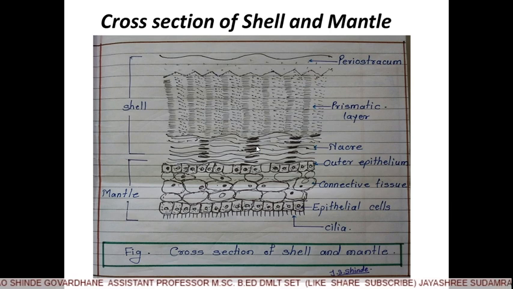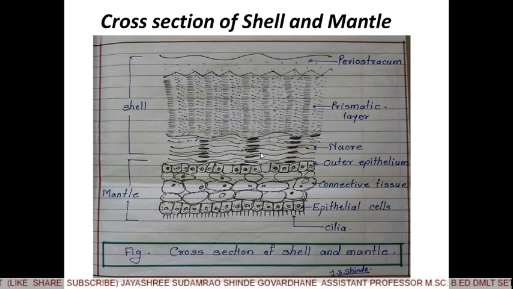These plates are arranged parallel to the margin of the aperture. Each plate is present over a thin organic matrix, which forms thin lustrous sheets or lamellae. Okay.